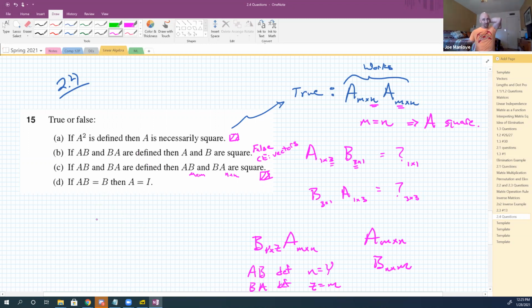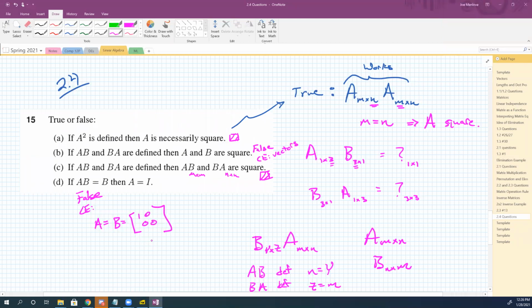So, false. Counterexample is, I guess, take A equal to B equal to this guy. Or even the 1, 2, 0, 0 matrix. Oh, yep. That one also works.